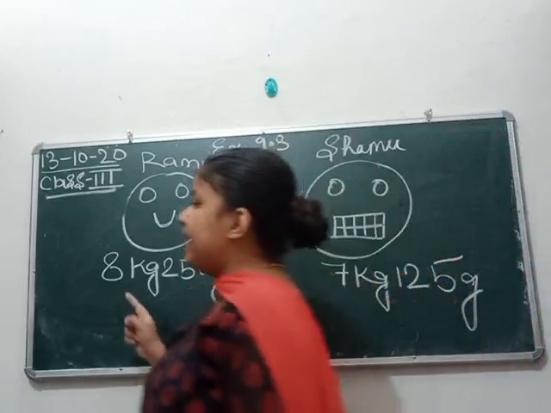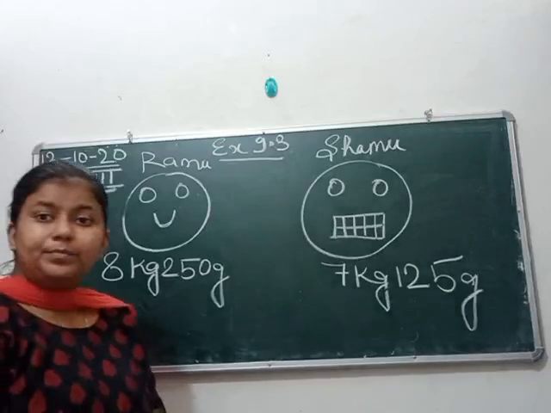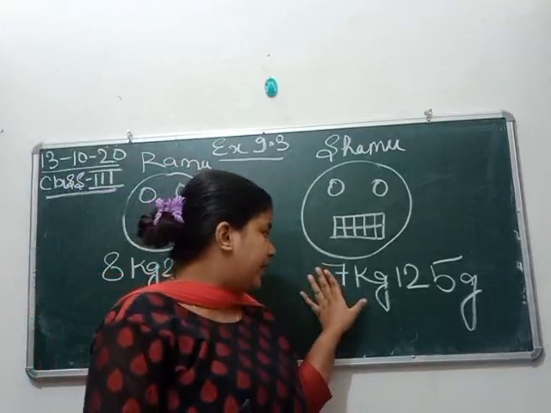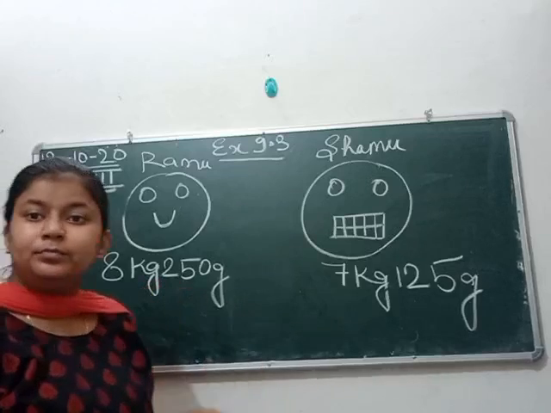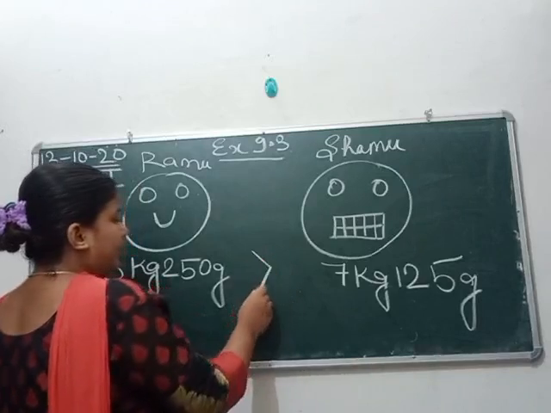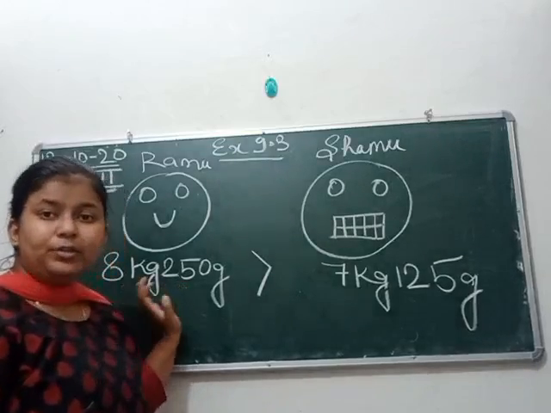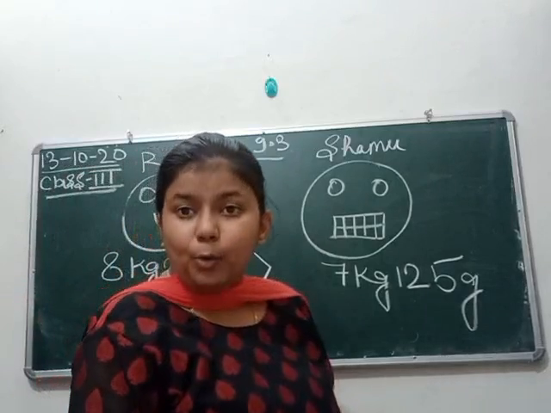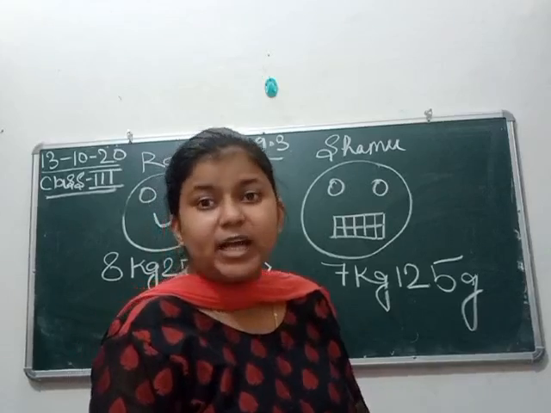Tell me, is 8 kg greater in value or 7 kg greater in value? Yes, 8 kg is greater, isn't it? That means Ramu has got more apples. Now the next question is by how much? He has bought more, but how much more?